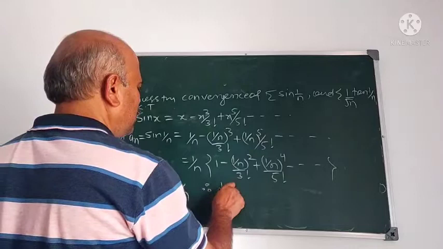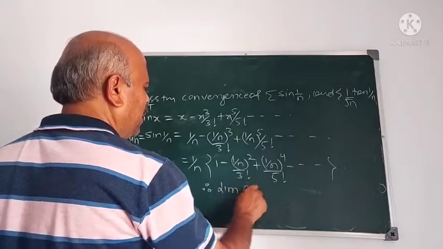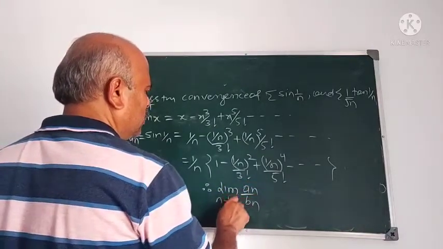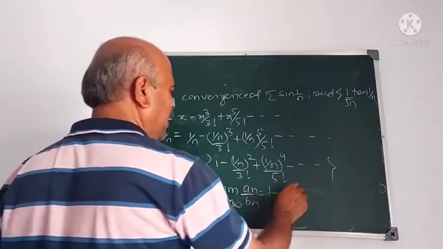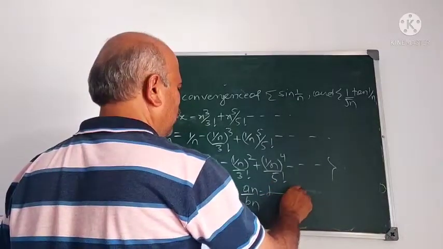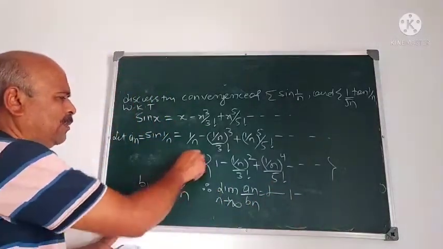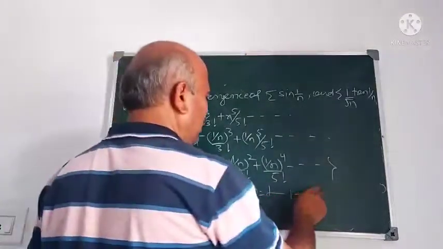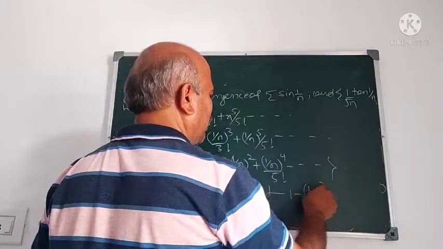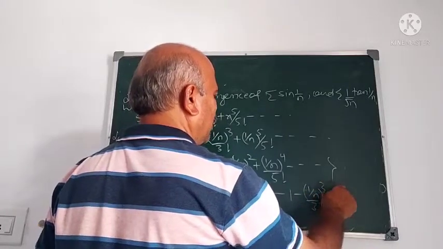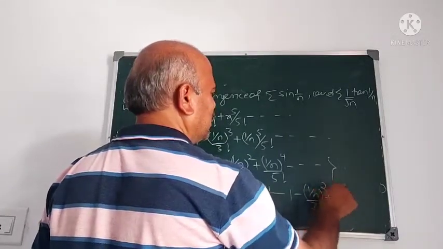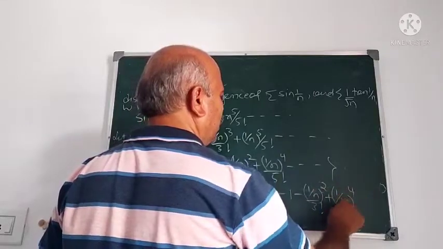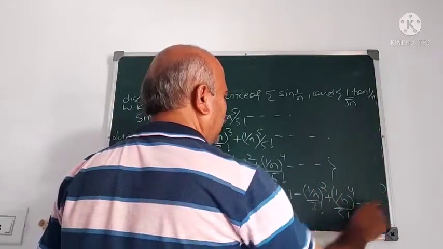Therefore, limit an by bn as n tends to infinity is limit n tends to infinity of 1 minus, this an by bn means this 1 upon n cancels. 1 minus 1 upon n cube by 3 factorial plus 1 upon n raised to 4 by 5 factorial and so on.